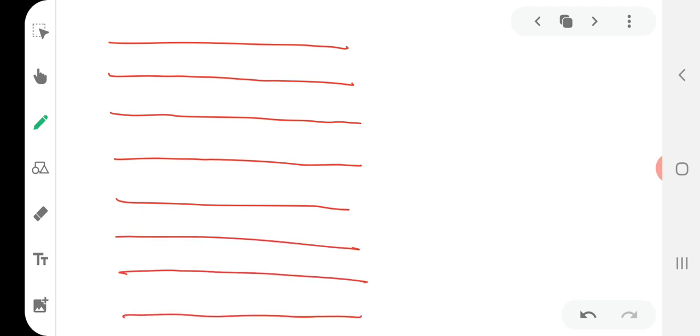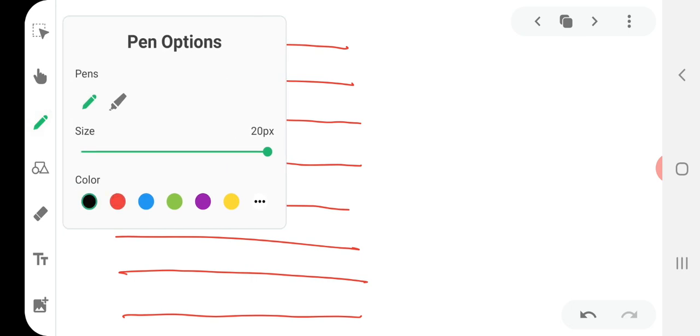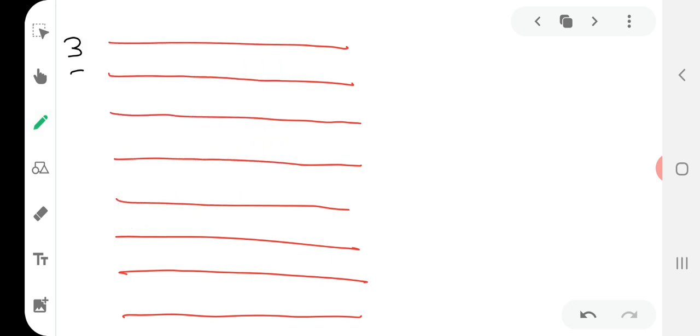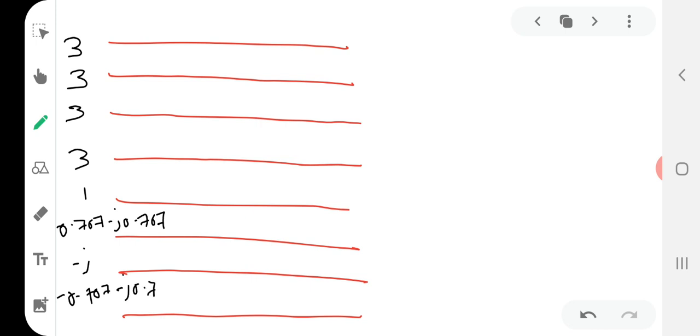The input will be whatever we got from the previous stage: 3 3 3 3, then 1, then 0.707 minus j into 0.707, then minus j, then minus 0.707 minus j into 0.707. Now in this second stage we will make groups of 2. This will be one group and this will be another group.